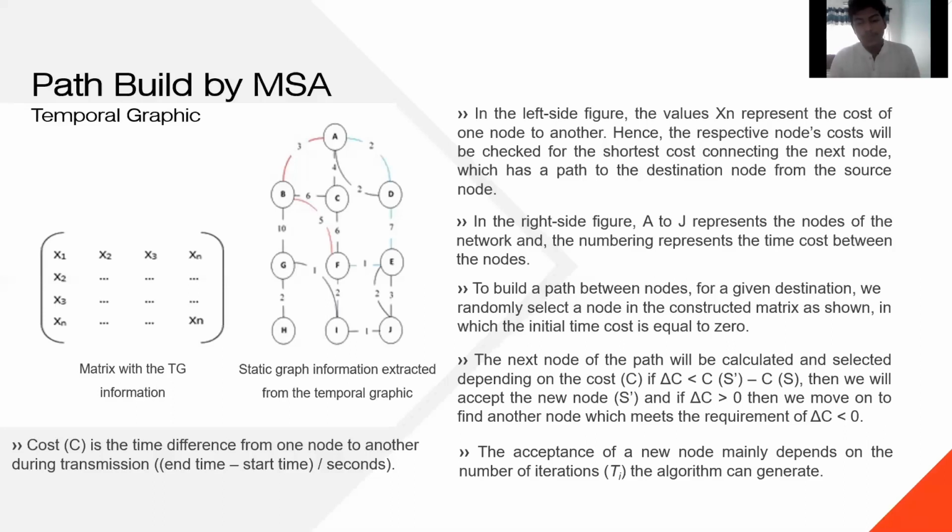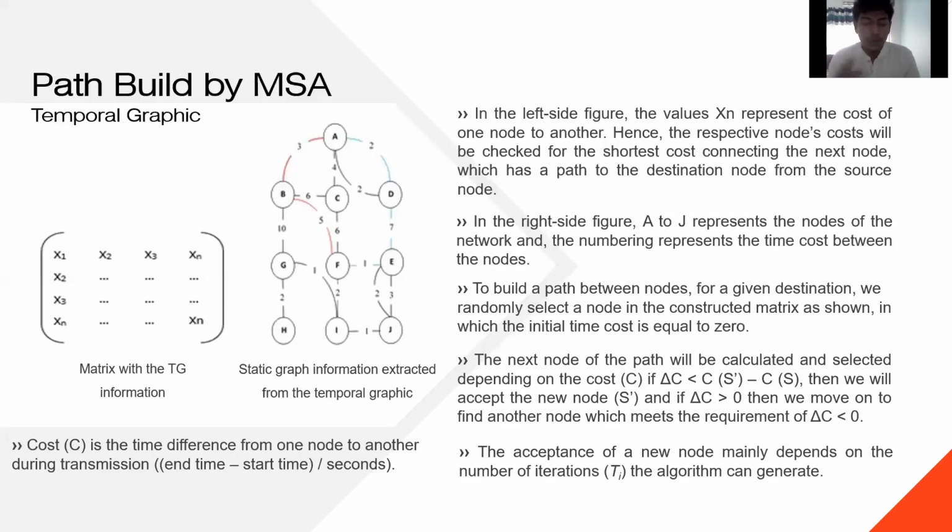So as you can see here, the next node of the path will be calculated and selected depending on the cost, where the delta C is the cost of the new solution minus the cost of the current solution.